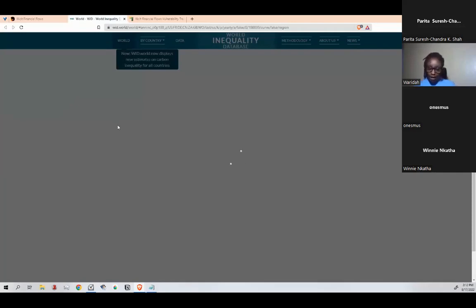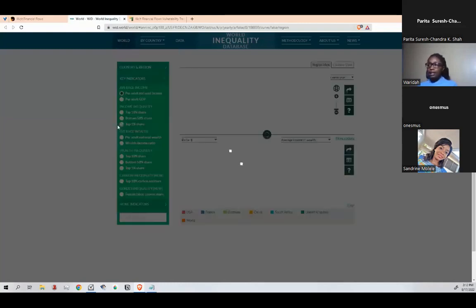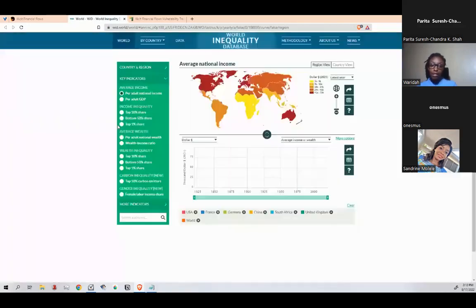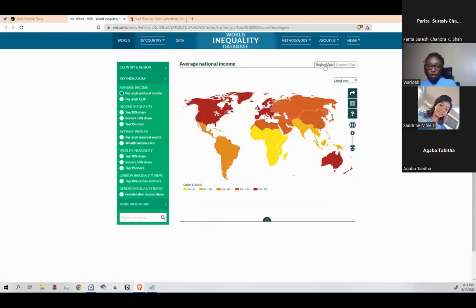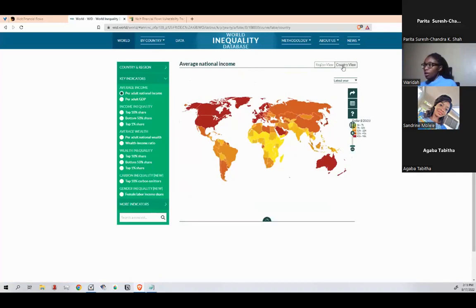Now, when looking at the inequality database, this is a database from the World Inequality Database. And of course, these databases are free and can be accessed by everyone. You'll see them on the PowerPoint as well. So for this one, we'll specifically look at the average when it comes to the region. So this has a region and a country view.